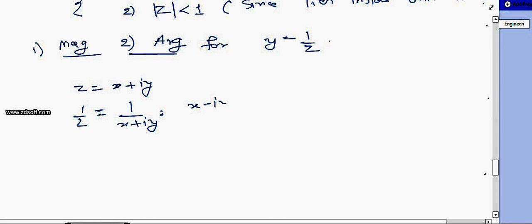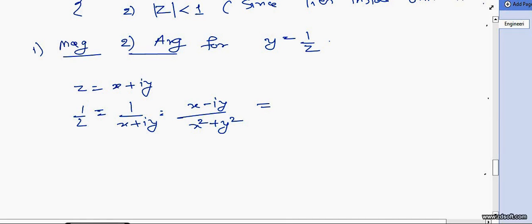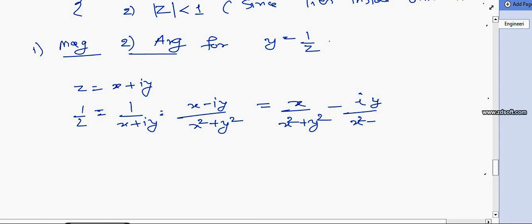This is nothing but x minus iy upon x square plus y square, which is x upon x square plus y square minus i y upon x square plus y square. Okay, so this is our real and this is our imaginary part.